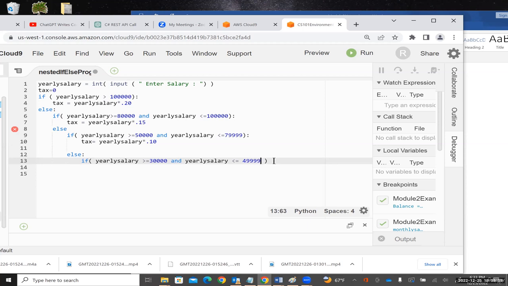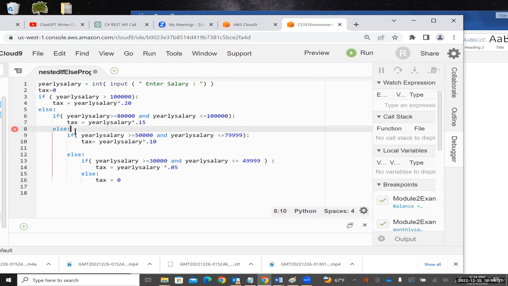And don't forget to put the colon here. Write this skeleton first. If the salary is in this range, what is the tax? The tax equals yearly salary times 0.05. Otherwise, tax equals 0.